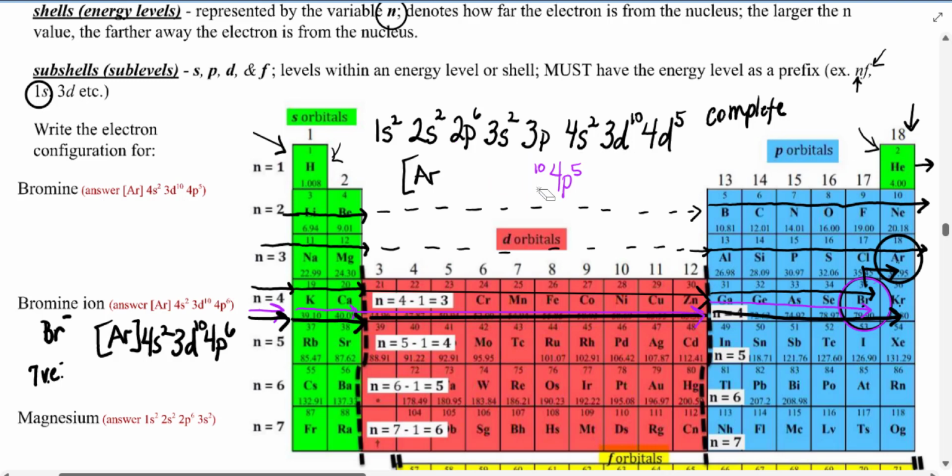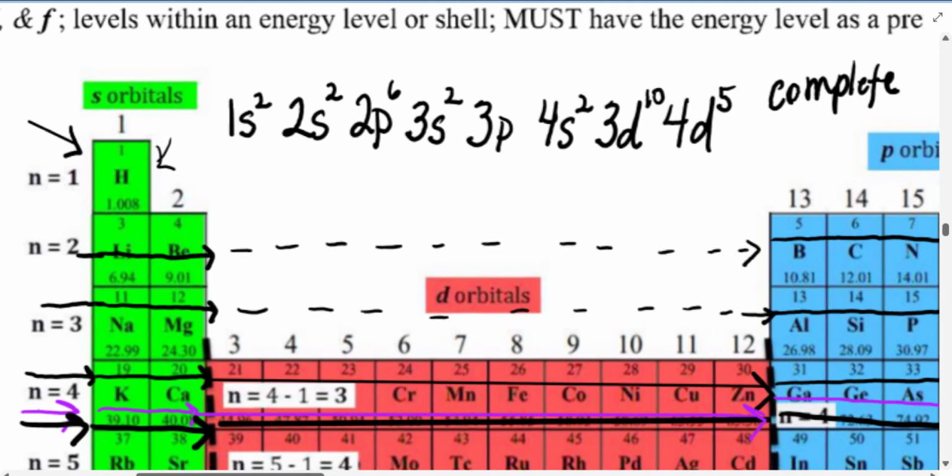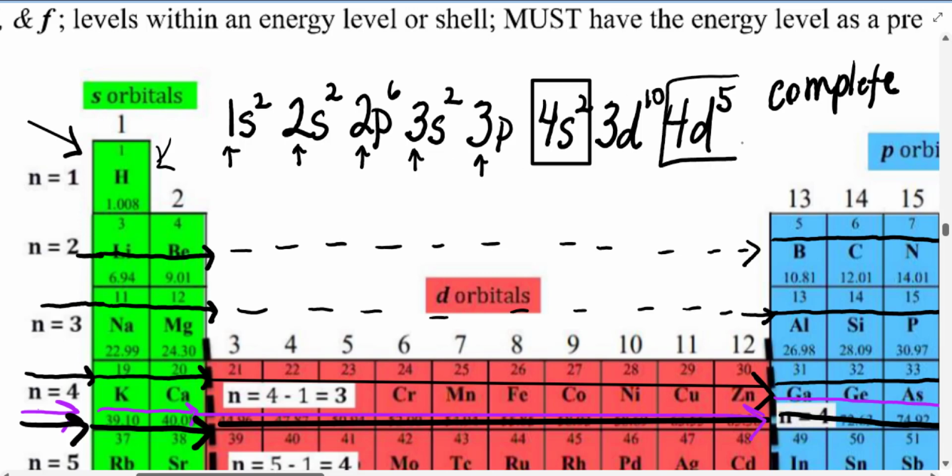I'm going to erase all this. If we look at the highest energy level for this electron configuration, I'm focusing on these coefficients, and the highest energy level is 4. This should say p, not d. I hope you guys noticed that.